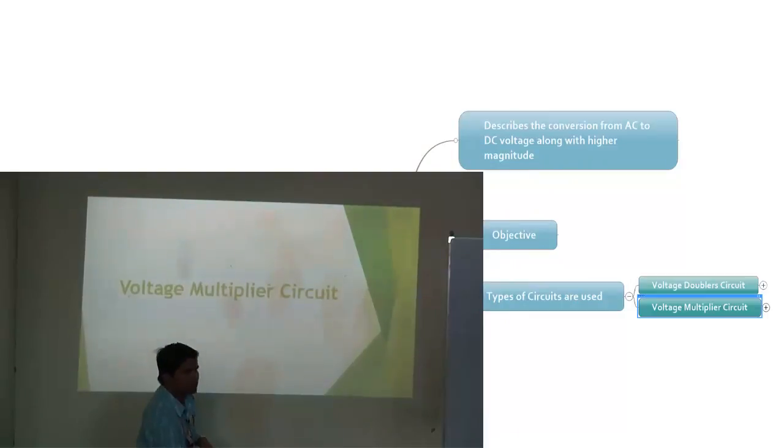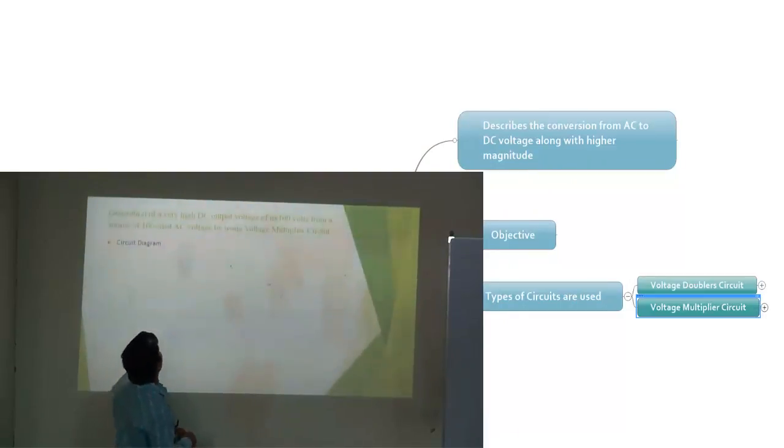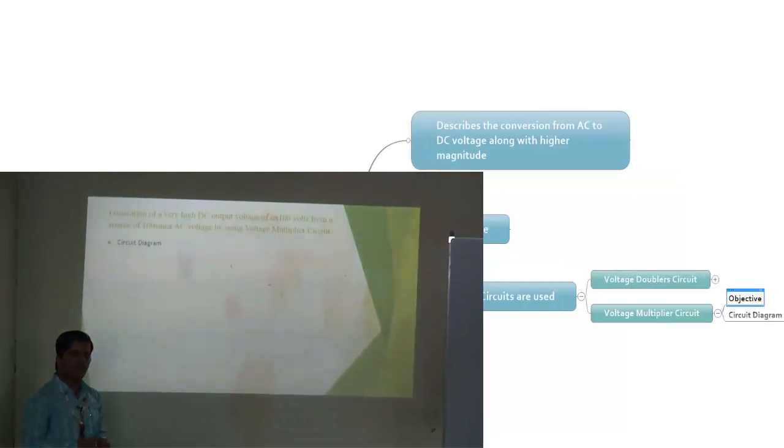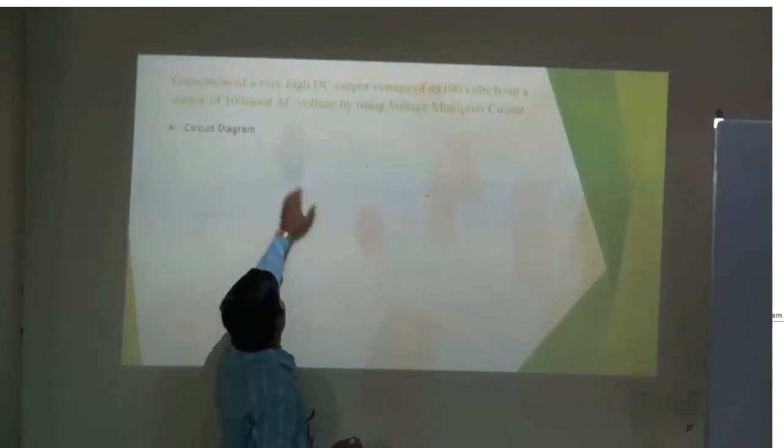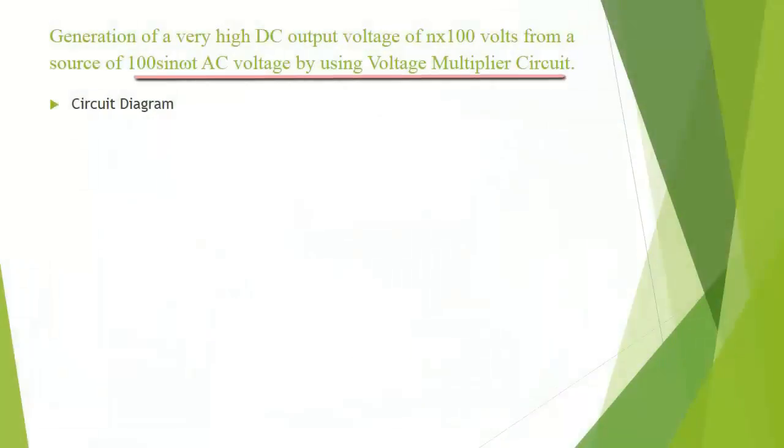So our objective is very much clear here. The objective is we have to generate a very high DC voltage from a normal AC voltage, which we can take as the 100 sin omega t AC voltage, by using this multiplier circuit. Two things it will do. First, it will convert from AC to DC.